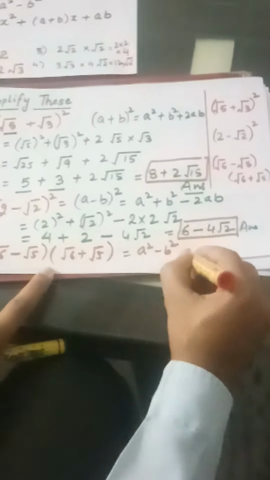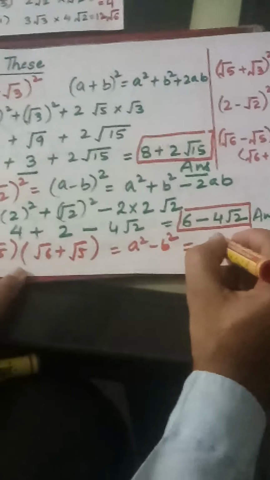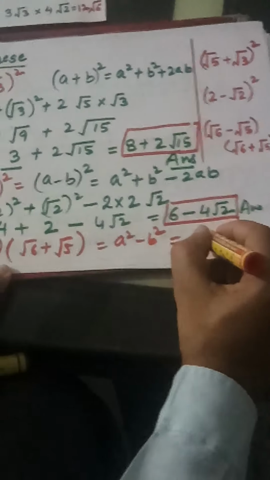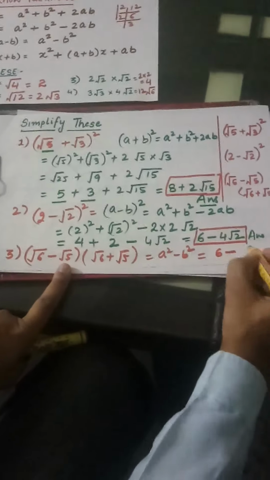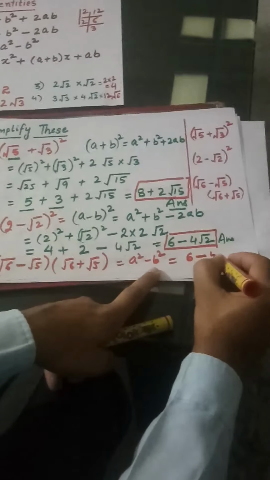So it is equal to a square minus b square. Can you tell me what is the square of root 6? Root 6 square is 6, minus root 5 square is 5. So the answer is 1. So this is our third answer, 1.